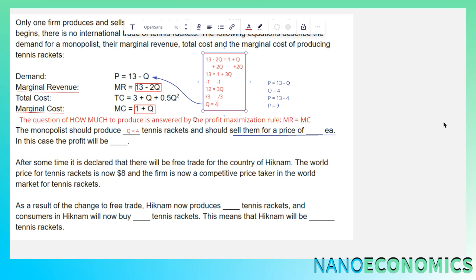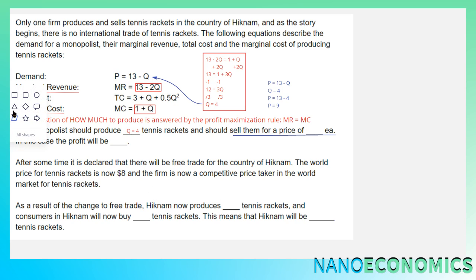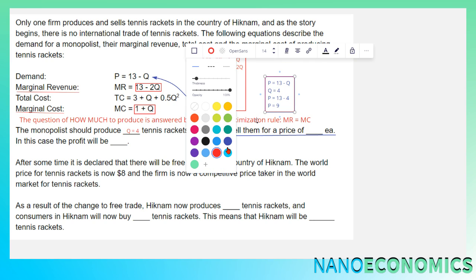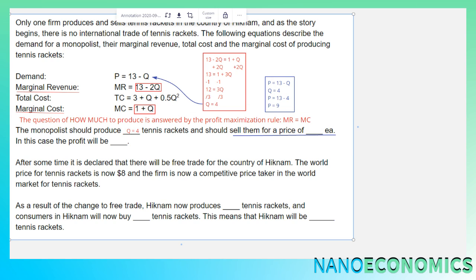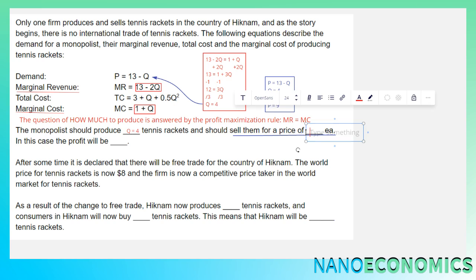I'm just going to switch that around so it's a little easier to work with. And so to find our profit maximizing price, we simply plug in the profit maximizing quantity to the demand curve. That tells us what consumers are willing and able to pay for that quantity.